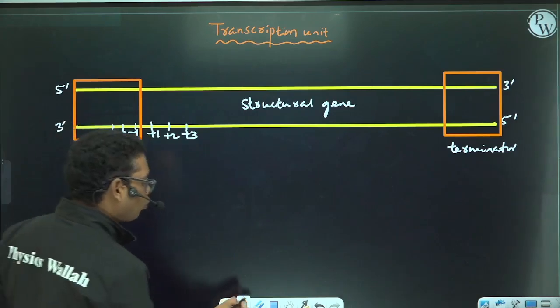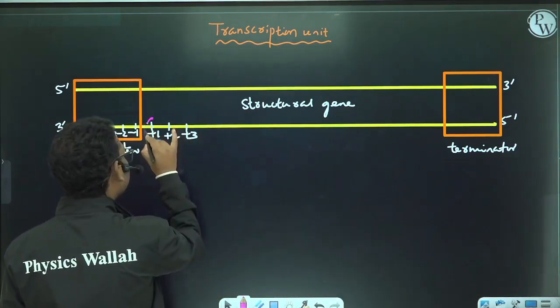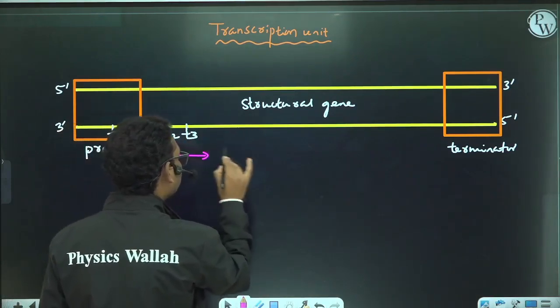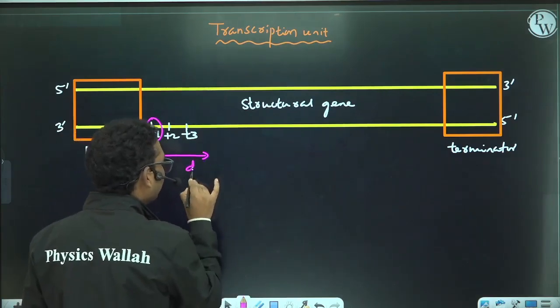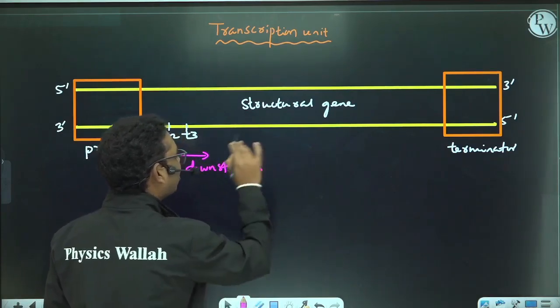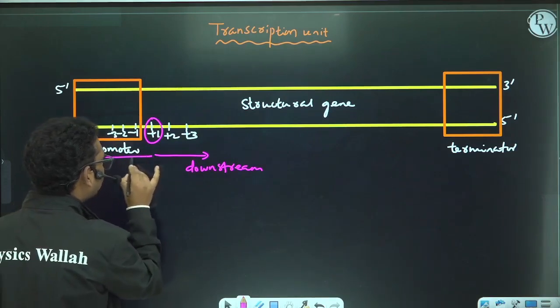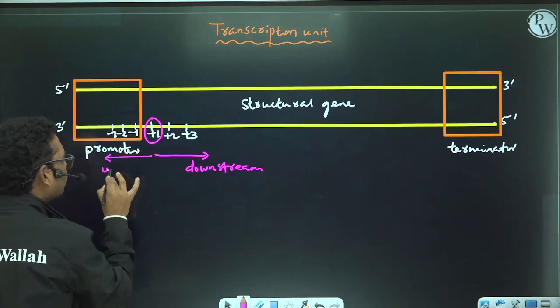When we take +1 as the reference and move from +1 to +2 or +3, the movement is called downstream, or those sequences are called downstream. But if I move from +1 to -1, -2, -3, this is called upstream.